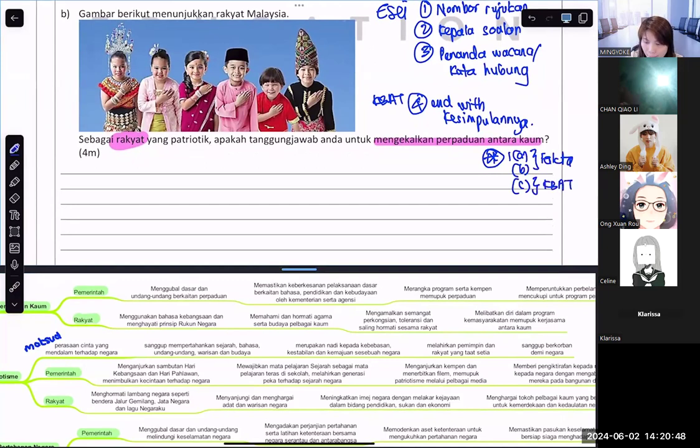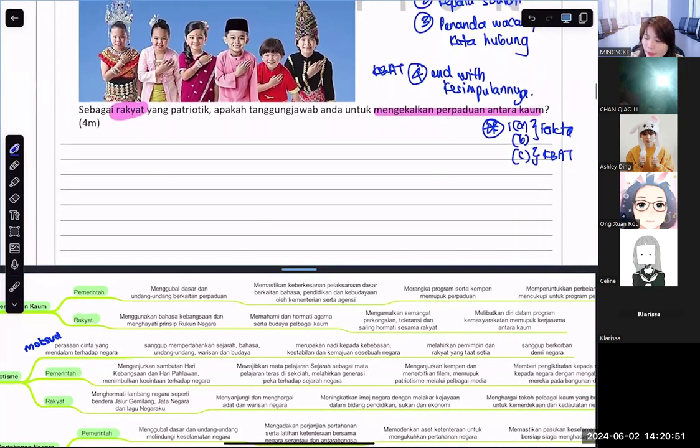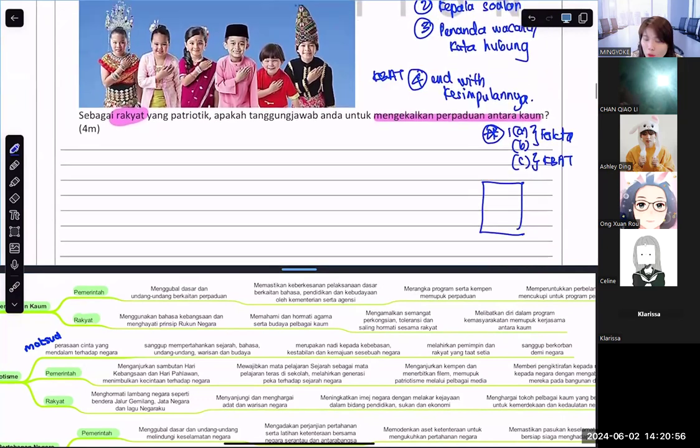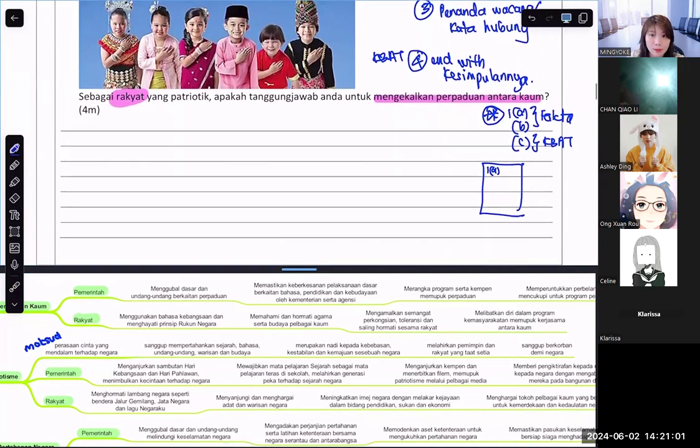Most of the time. And also, guys, when you do your soalan, remember to write your nombor rujukan, which means 1A. Best is you use your test pad. One piece of test pad, front page is 1A, back is 1B.